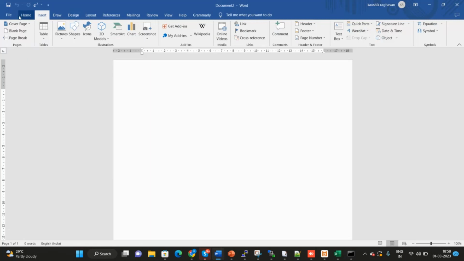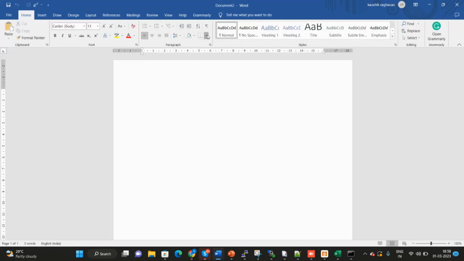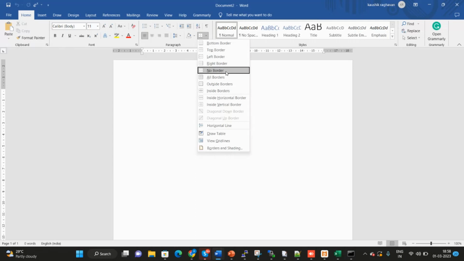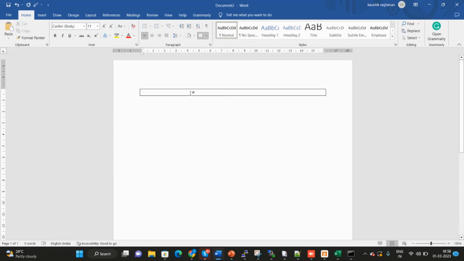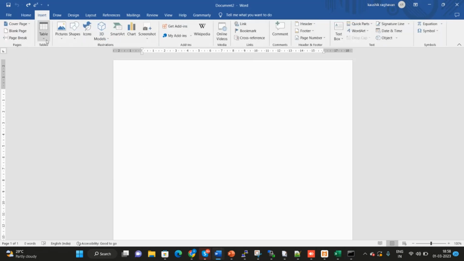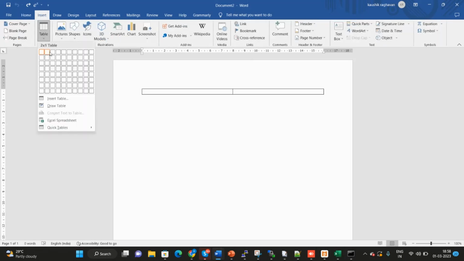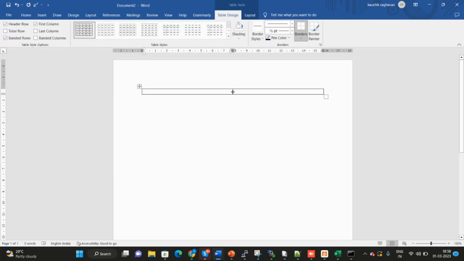We'll add a border to the page. Or let me do one thing. I will add a table so that it will be easy. We will have two columns. The left-hand side is for cues and examples.